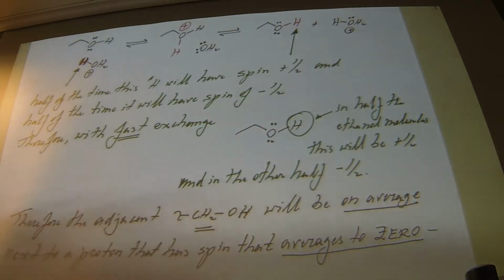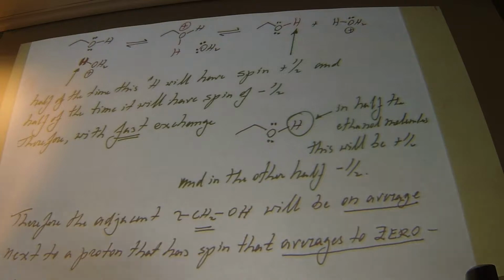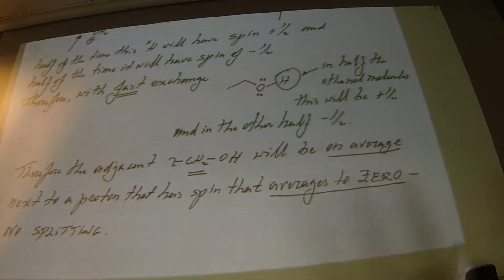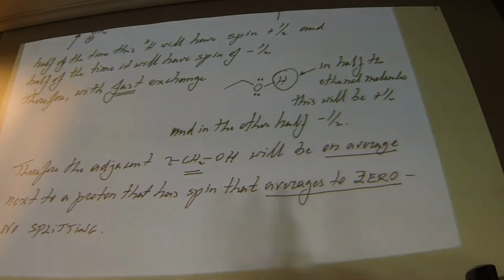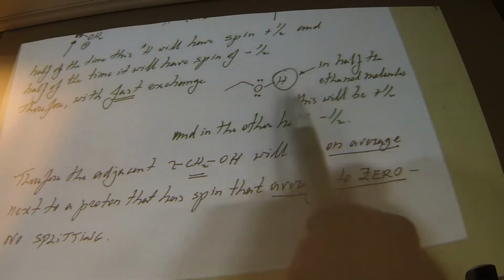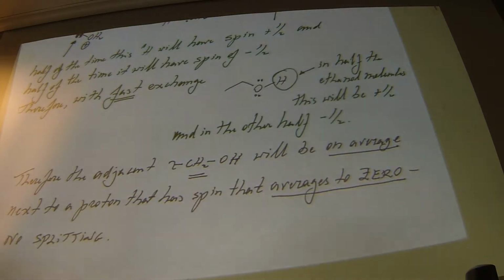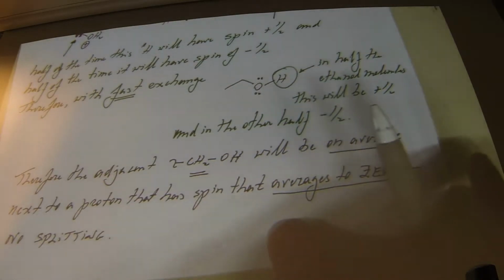That's why when you add acid or water or base to an alcohol, you end up wiping out the coupling of the exchangeable proton. It's a useful thing to be able to do, because this also will simplify spectra. If you have additional coupling, you can stop it just by doing this exchange.